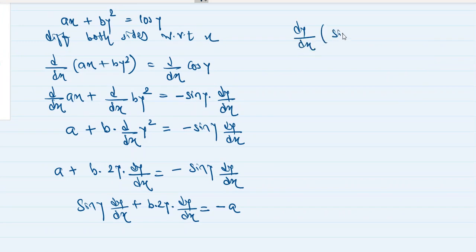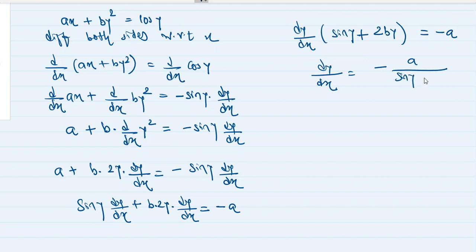Inside I will be getting sine y plus 2by, or 2yb, is equal to minus a. So dy by dx is equal to minus a by sine y plus 2by. Correct? So this is your value of dy by dx.